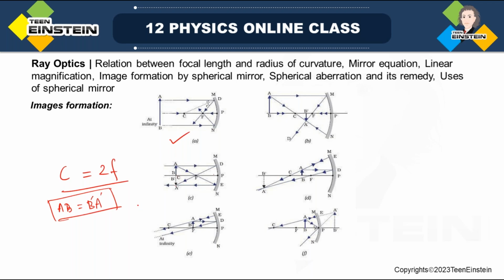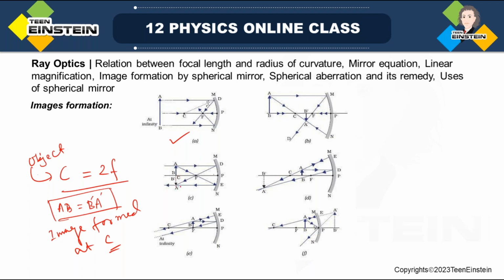It is an inverted image, and it is situated at the same place. This object is placed at C, and the image is also formed at C itself.